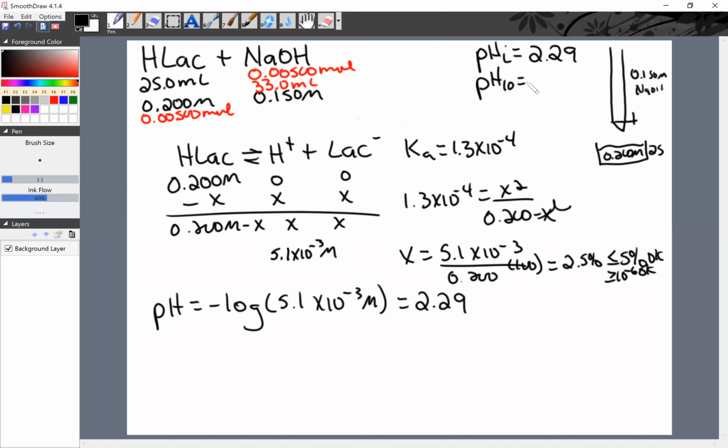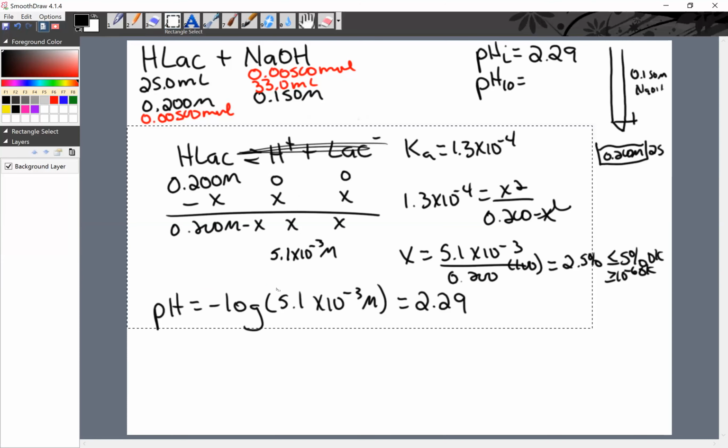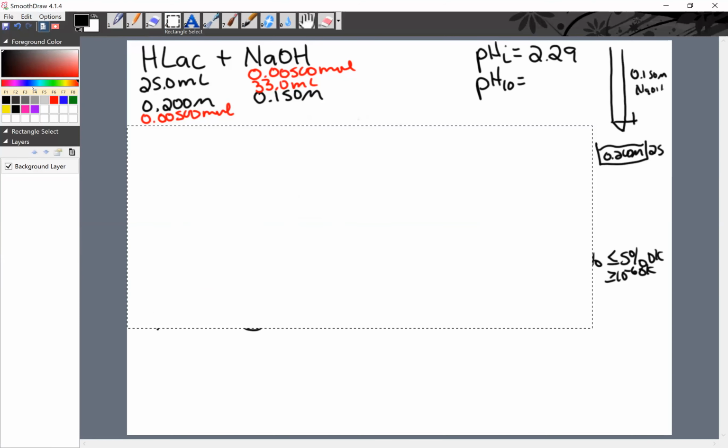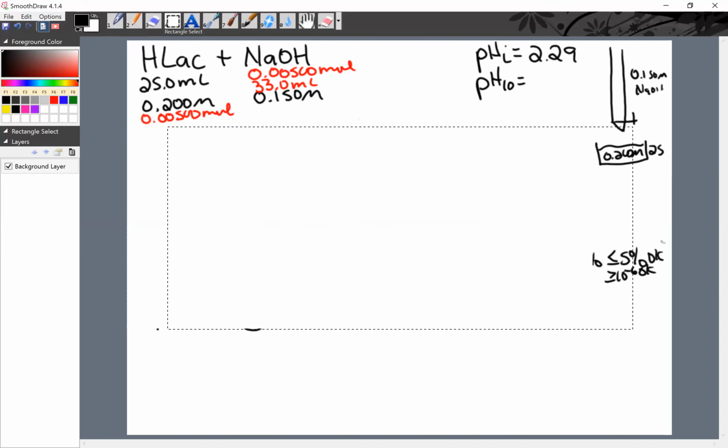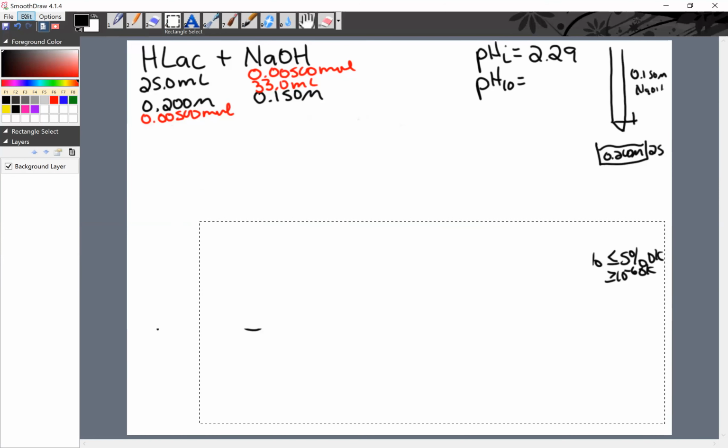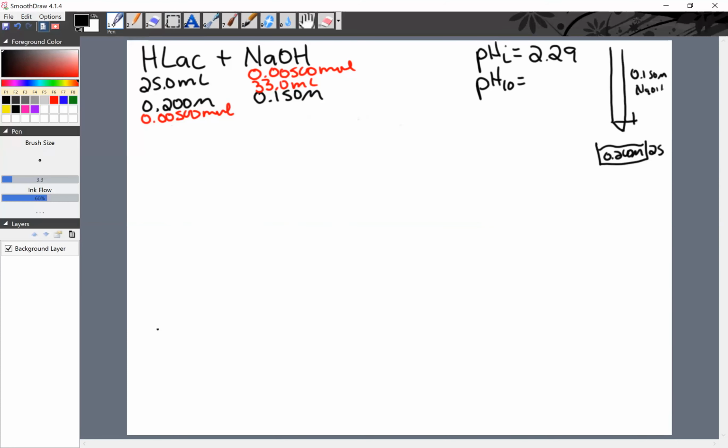Okay, now that begs the question, which equation should I use? What's going on after I add? So it's not this one. I need to be using my lactic acid.